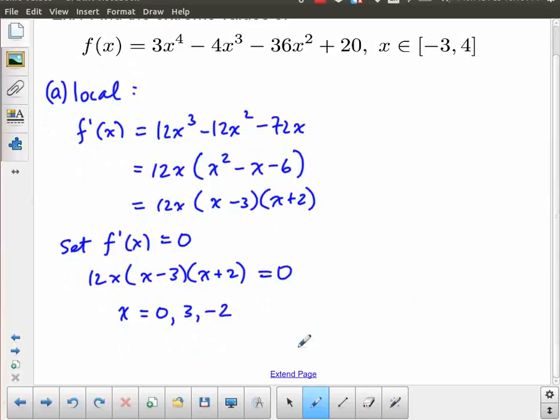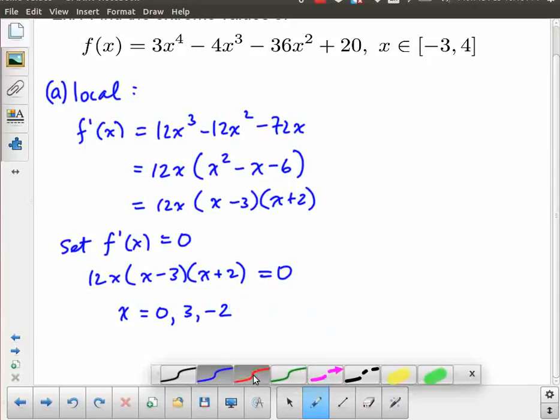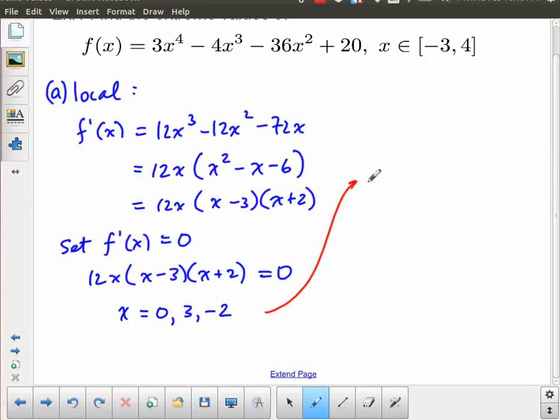Those are my 3 possible solutions. Now once I've done that, I really need to find out what these values are. So I'm going to substitute these, not into f prime though, but back into the original. So I'm going to evaluate, for example, f of 0, which is quite easy. I substitute that in and I end up with 20.